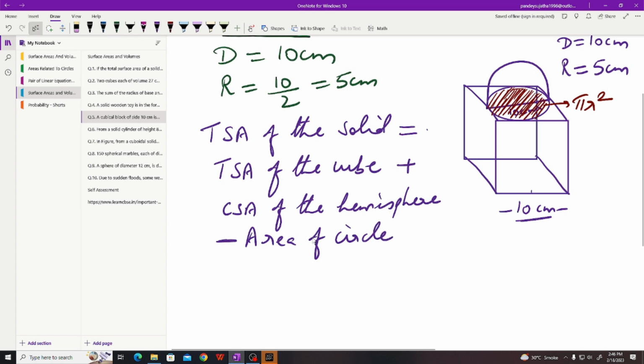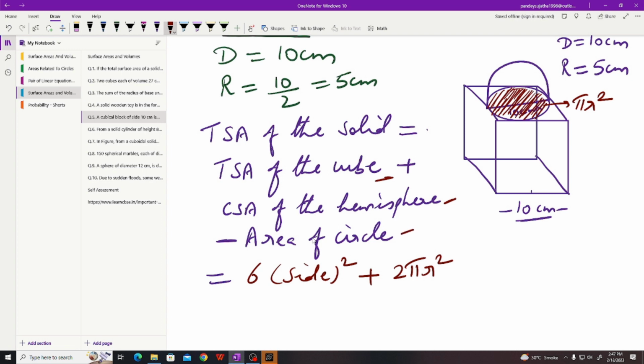So write the formula here now. Total surface area of the cube is 6 side square plus curved surface area of hemisphere is 2 pi r square and the area of circle is pi r square, which should be subtracted.